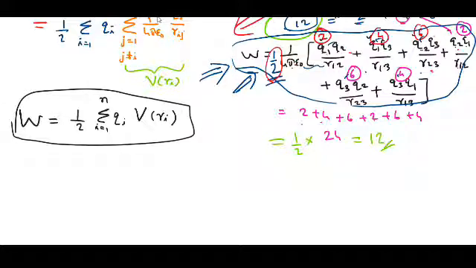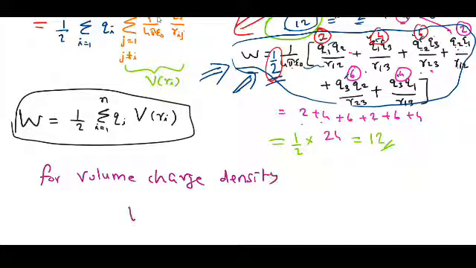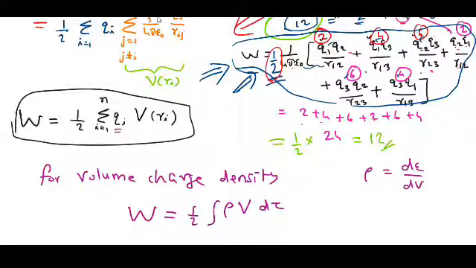Then for volume charge density, W is equal to half, instead of discrete charges, this is a continuous charge distribution, that is rho v d tau, because we know that rho is equal to dq by dv. I will write this as d tau in order to avoid confusion between the volume element and the electric potential.